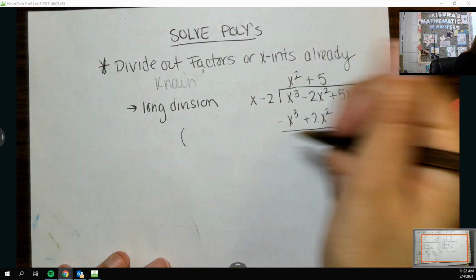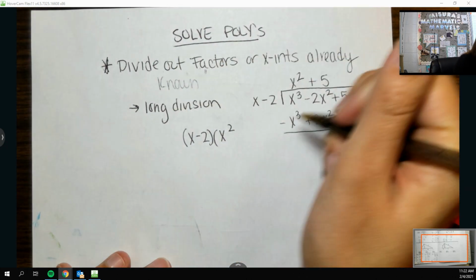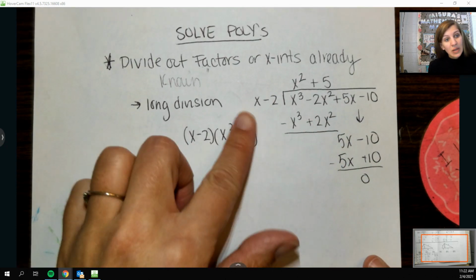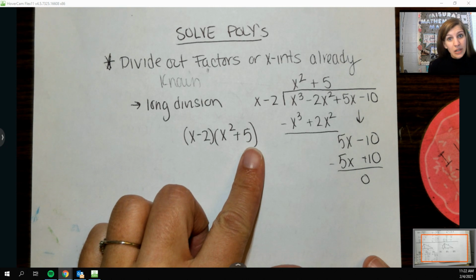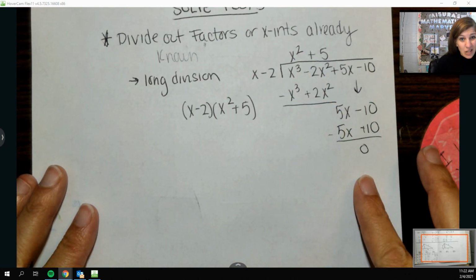And so when I write it out in factored form, I got x minus 2, x squared plus 5. And then I know one solution is 2, and maybe I do the quadratic formula over here or just solve for x. But that's kind of a long process.